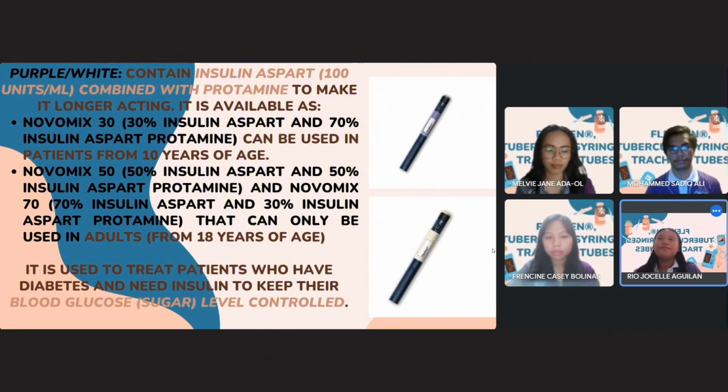NovoMix 50 contains 50% insulin aspart and 50% insulin aspart protamine, and NovoMix 70 contains 70% insulin aspart and 30% insulin aspart protamine, which can only be used in adults from 18 years of age. It is used to treat patients who have diabetes and need insulin to keep their blood glucose level controlled.